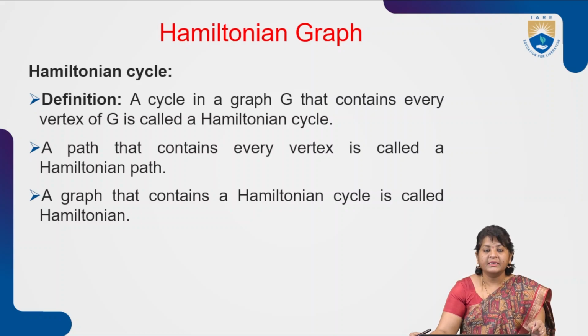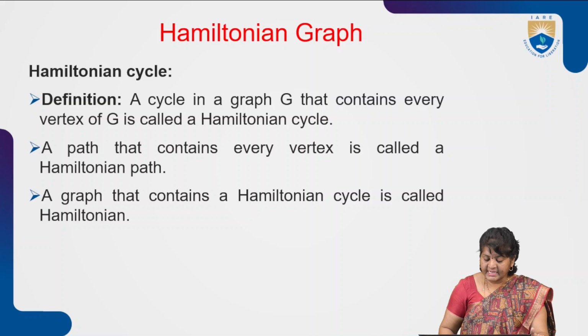We may feel that the vertex is repeating twice. It is not like that. Here they are mentioning that from A we are starting and to A we are returning. So leaving and entering both happen only once. For this, we will see an example.